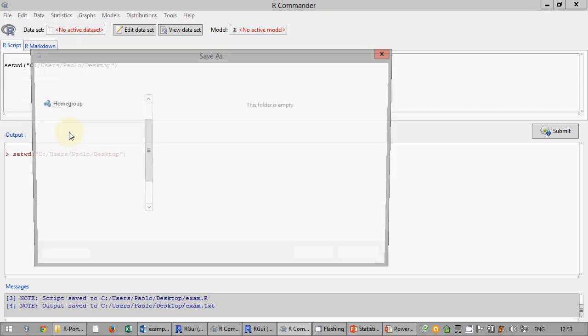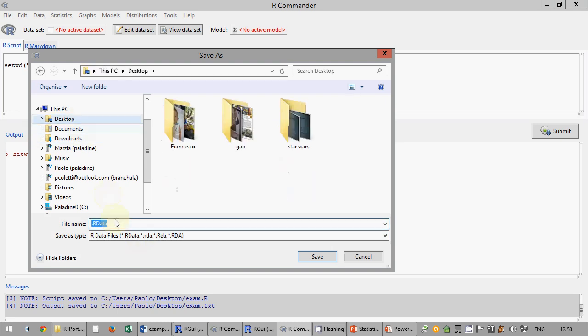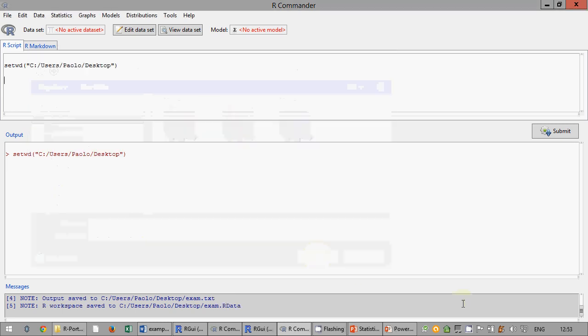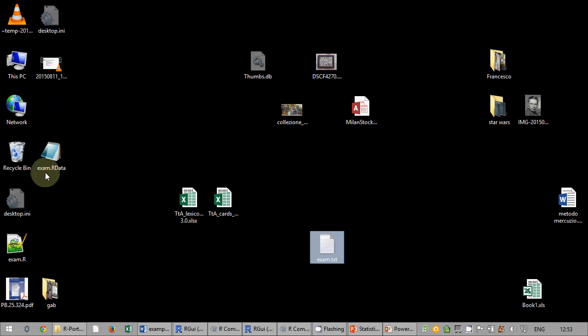Save R workspace as, on the desktop. Can you see that R suggests .RData? Please put something before the point, for example, exam.rdata. So the extension for the workspace is rdata. So you have three files.